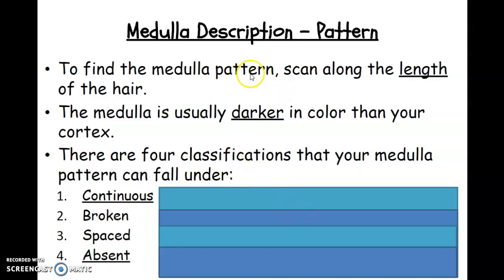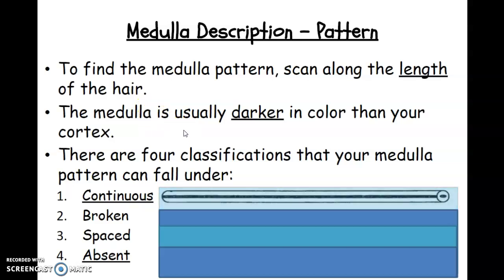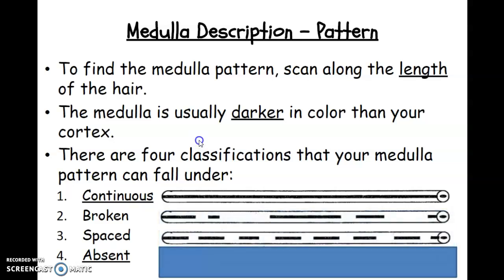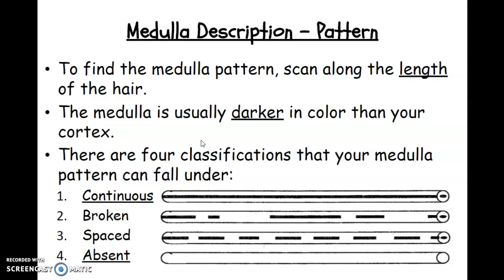To find the medulla pattern, you're going to scan the length of the hair. It's usually darker in color than your cortex, and there are 4 classifications. There's continuous, broken, spaced, and then absent.